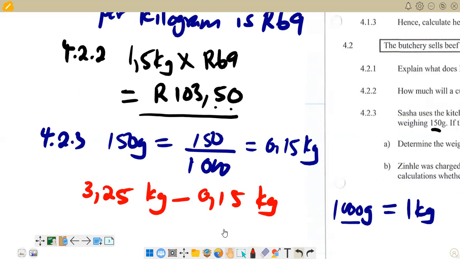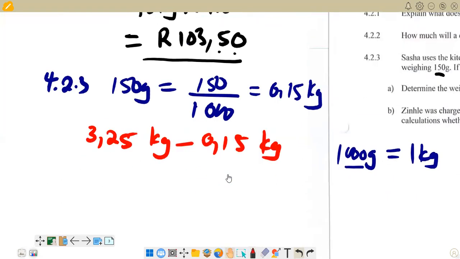So we use our calculator there. Say 3.25 minus 0.15. Then we try to see what we get there. Let's try to calculate, and then here 3.25 minus 0.15, then we are going to get 3.1 kg.